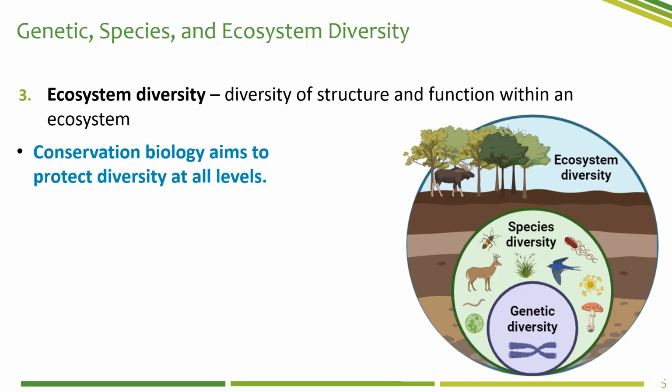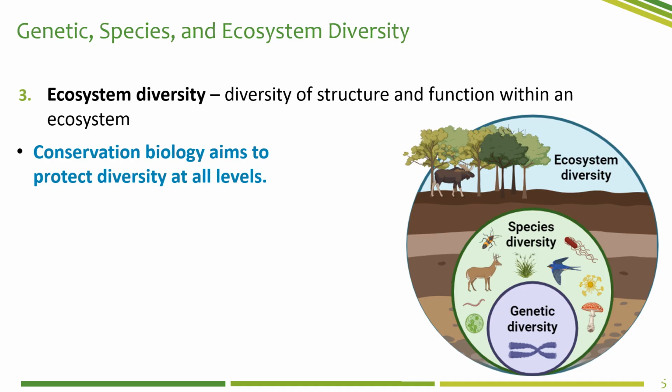Our third level of biodiversity is ecosystem diversity. So this is looking at the whole structure and function of an ecosystem. So basically looking at the interdependence of all of the species and their environmental resources on that particular species. I really like this image here because it kind of just gives you a visual reminder of what each of these levels are.